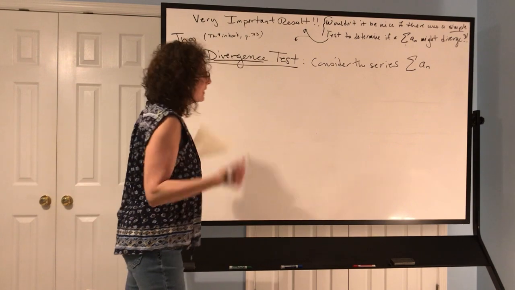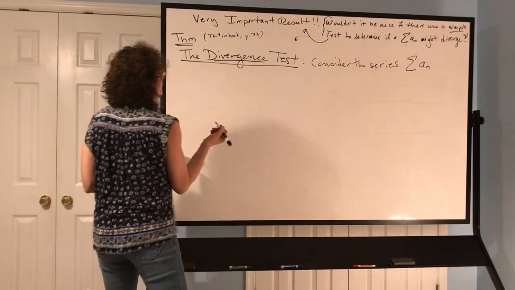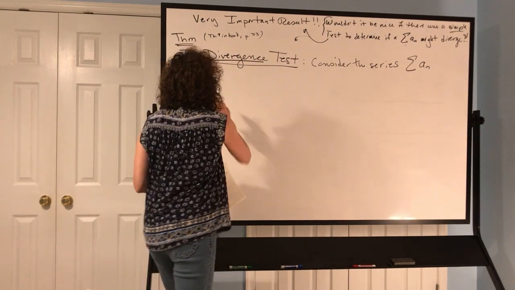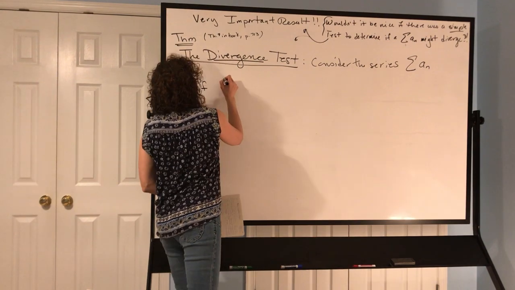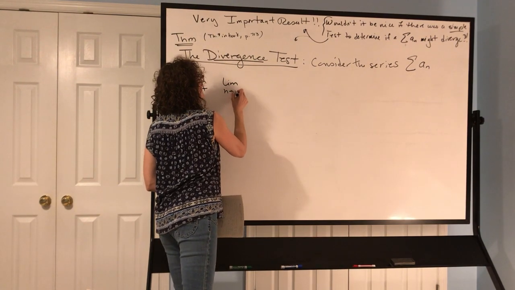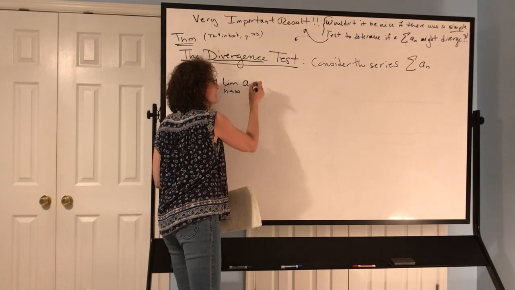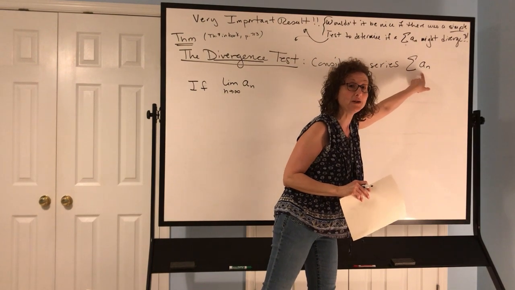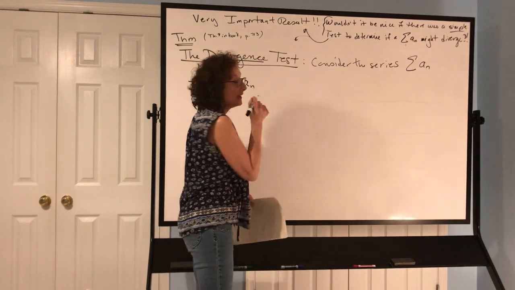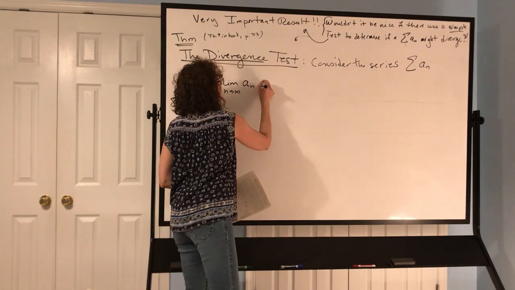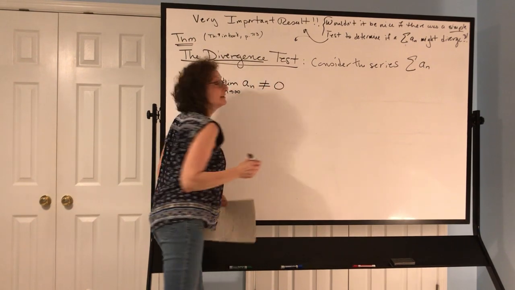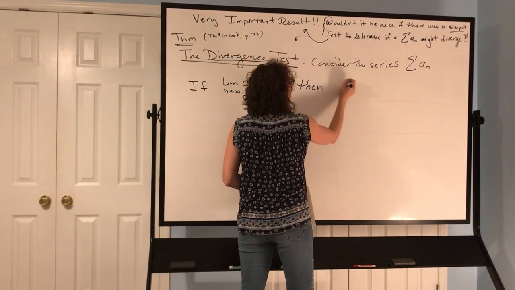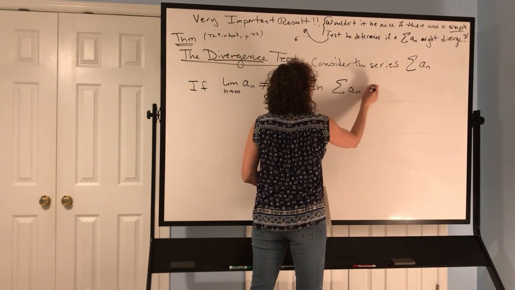So consider a series, sum of a sub n, okay? Here's what the divergence test says. If the limit as n goes to infinity of a sub n, the nth term in here, the generating term, the one that's going to be staring right at you, is not 0, then that series diverges.